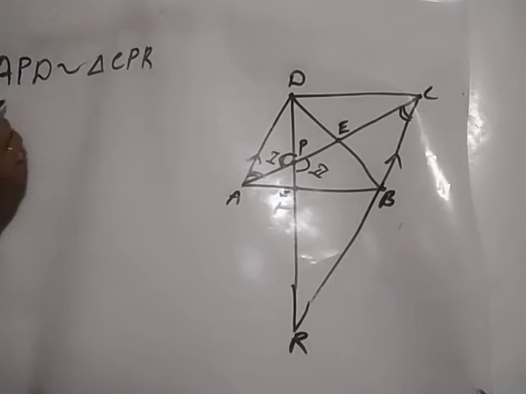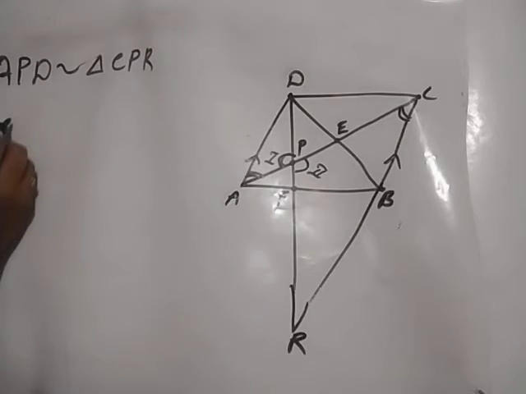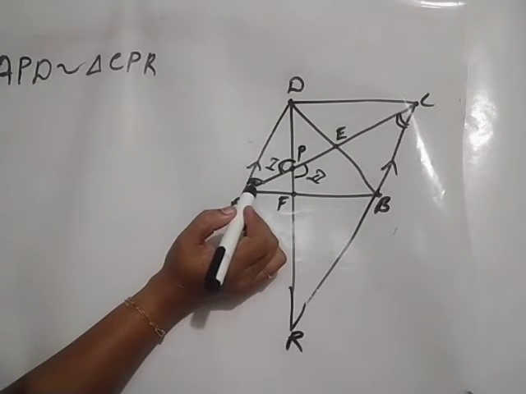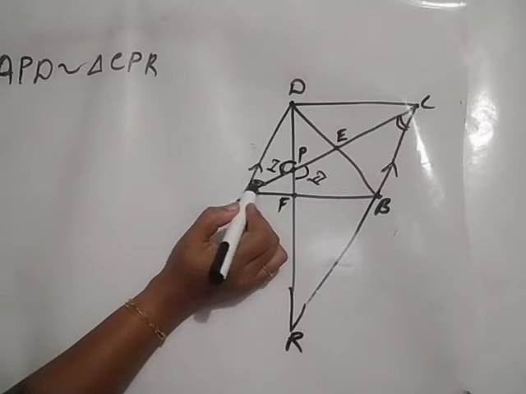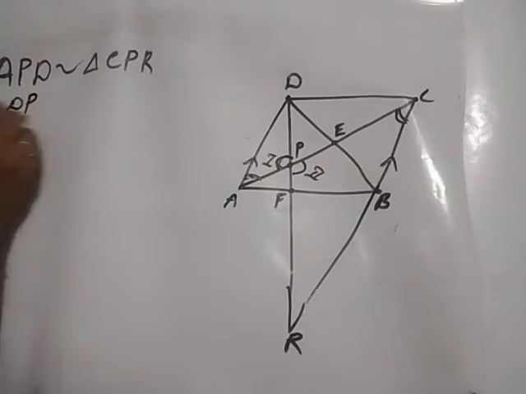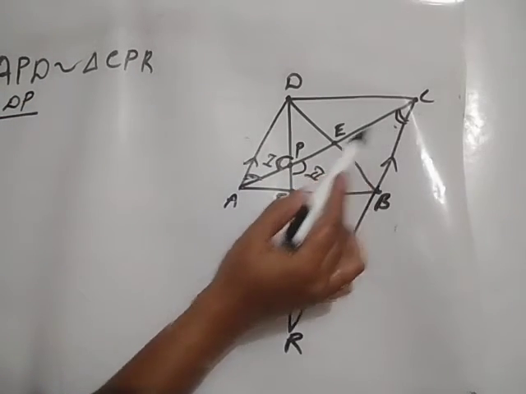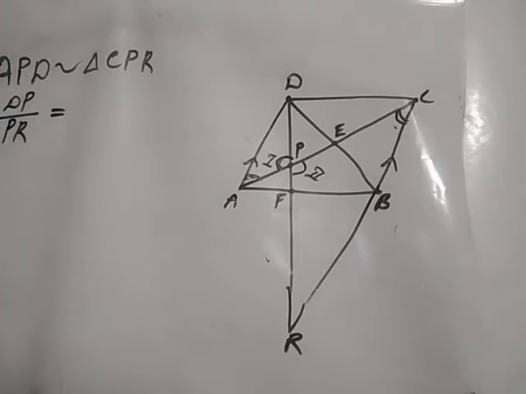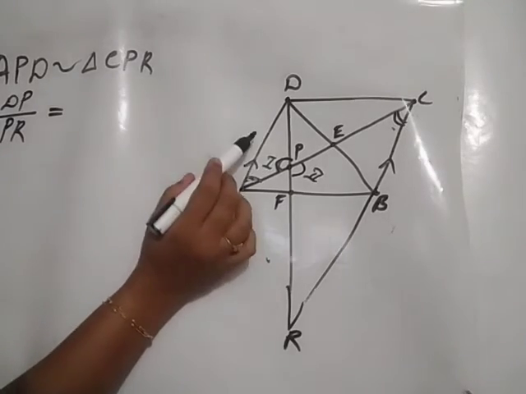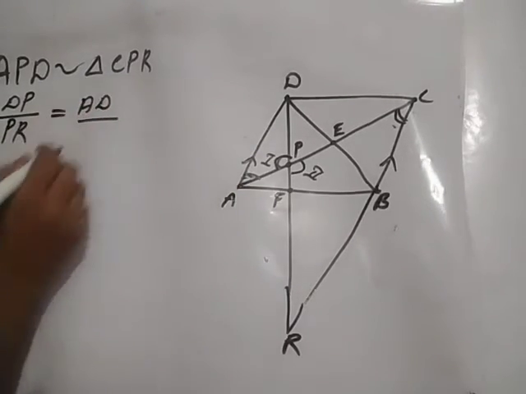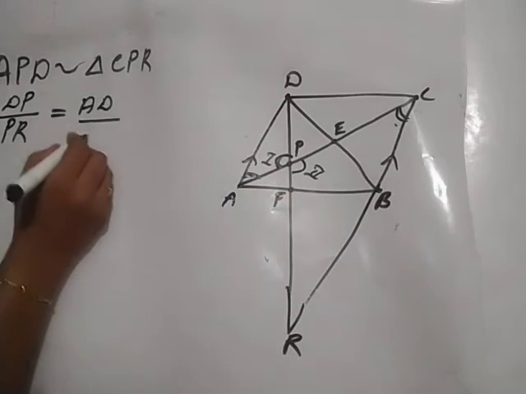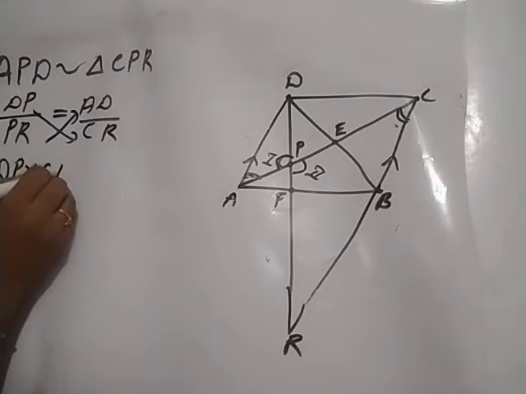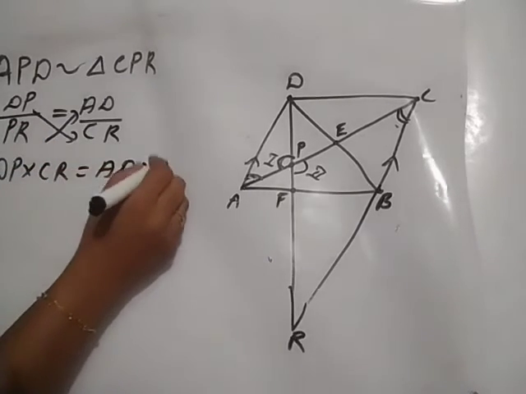So triangle APD is similar to triangle CPR. The corresponding sides are proportional. The side opposite to angle A is DP, and A is equal to C, so the side opposite to C is PR, equal to, now the next angle is P, side opposite to P is AD by side opposite to P here, CR. Cross multiply: DP into CR equal AD into PR.